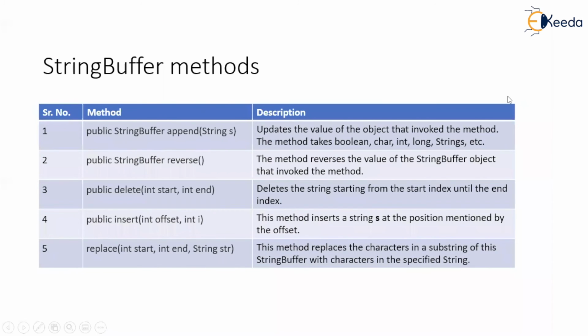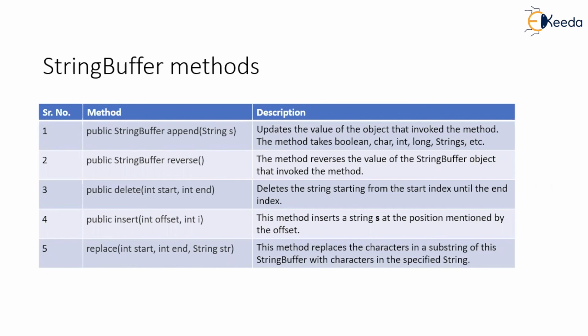Similar to append, there are some more methods like reverse, because strings cannot be reversed by using a method. So first you can convert it into a StringBuffer object, then invoke the reverse method, and this reverse method returns the reversed object, which is a StringBuffer.